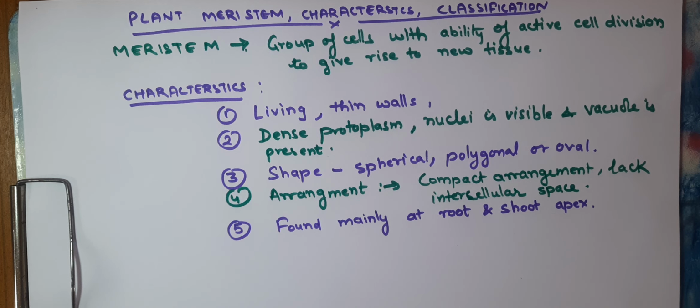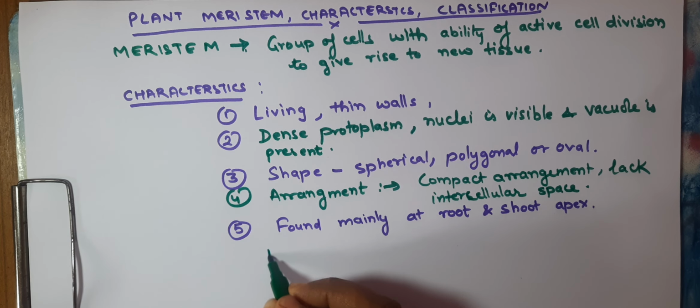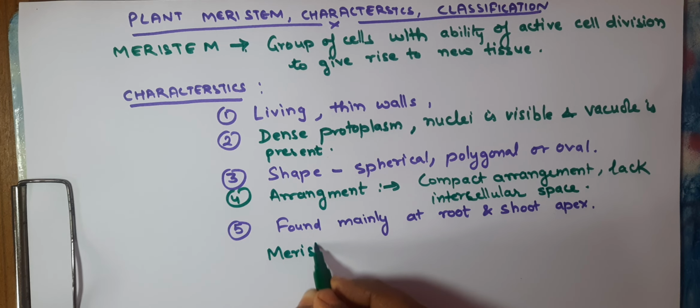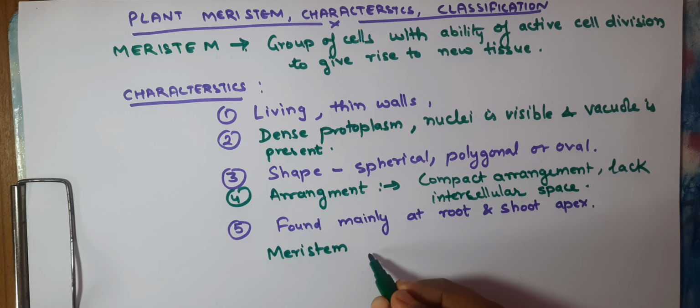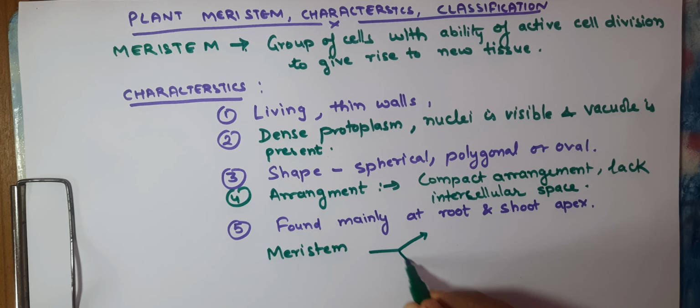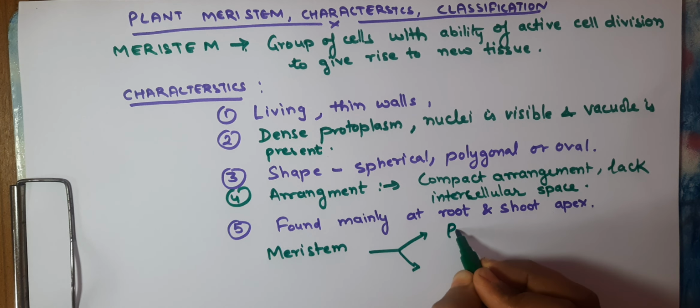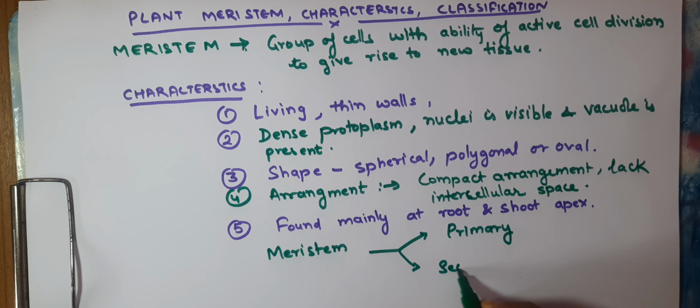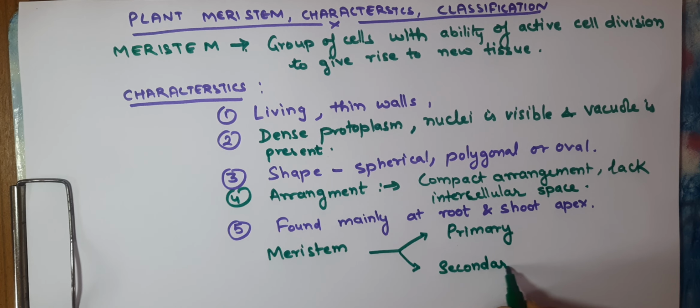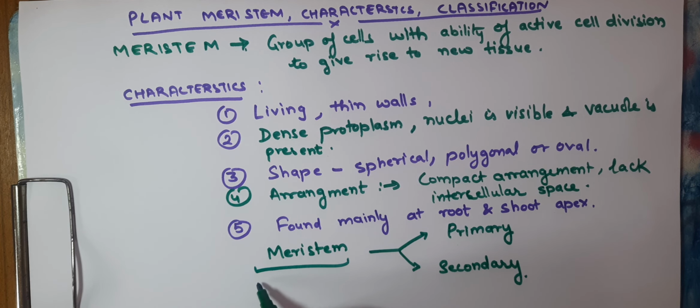Now, there are two types of meristems, the primary and the secondary meristem. This classification is based on the origin.